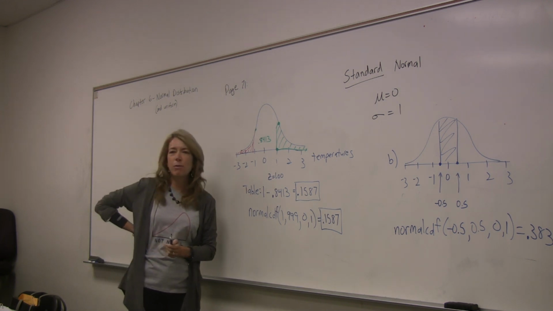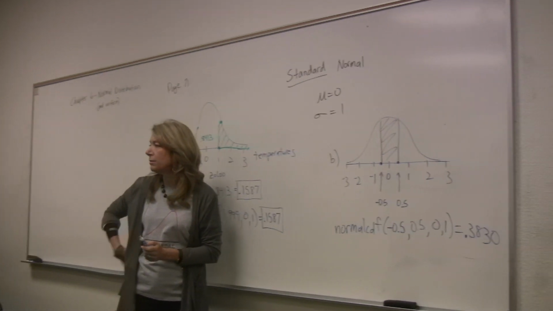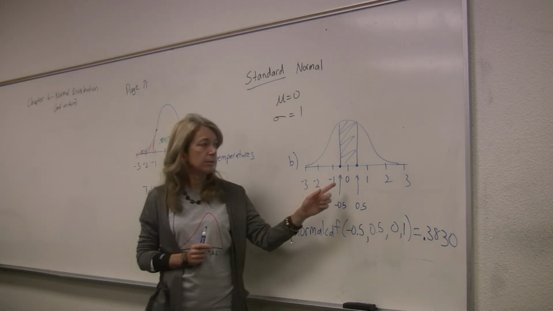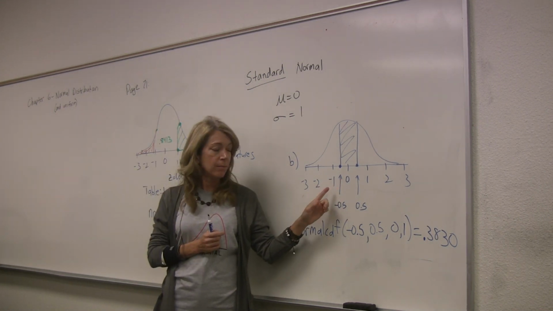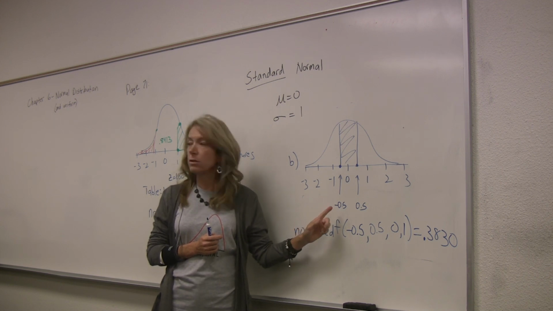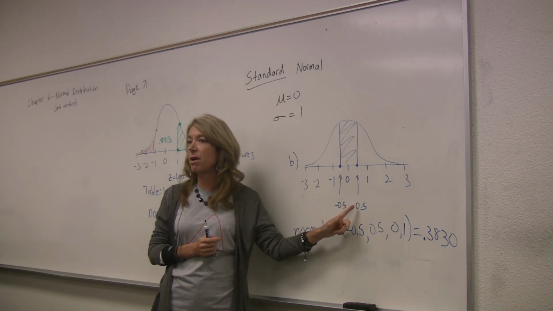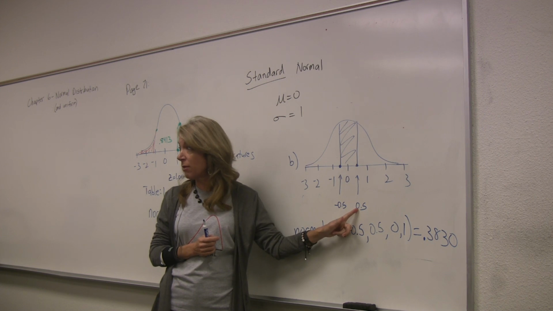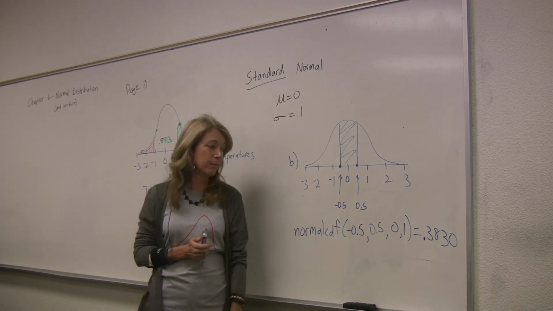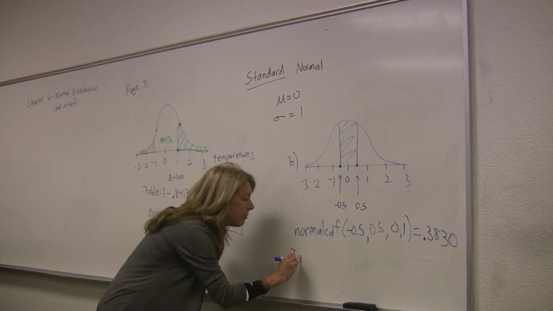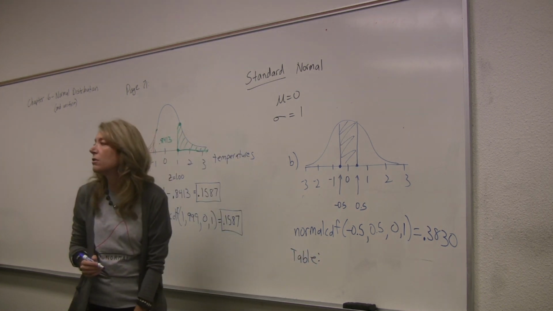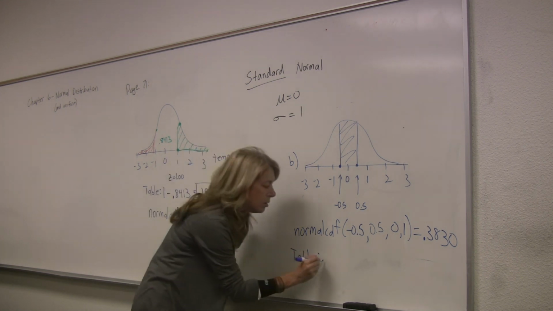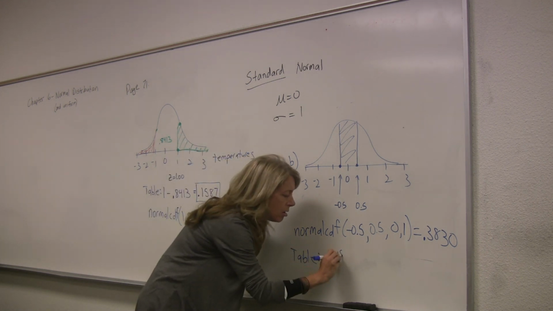So if you use the table, you have to find the two probabilities first, everything below negative 0.5, and then everything below 0.5. You find the probability for this one and for this one, and subtract them. So what are the 2 numbers that you end up subtracting? The first one is 0.6915 and 0.3085.